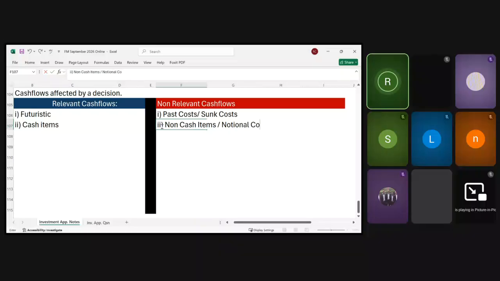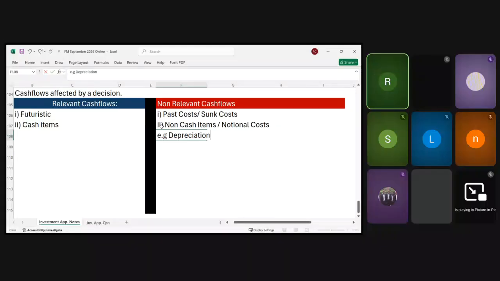What are the notional costs? A good example could be depreciation itself. So depreciation, I'm going to tell you the treatment of depreciation. If you want to make use of depreciation, that's okay, but you have to remove it. Depreciation is only included for tax purposes.